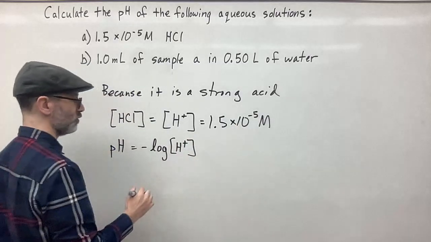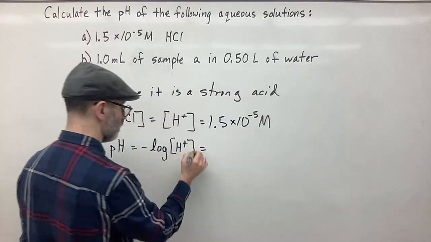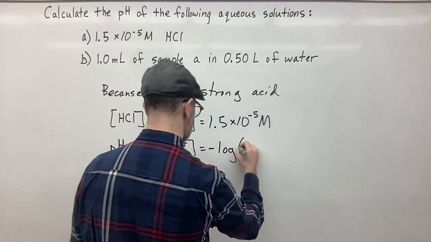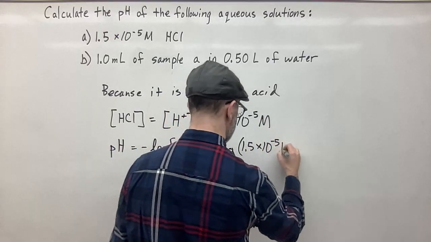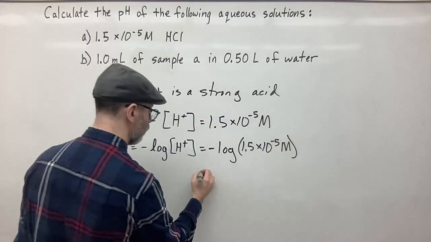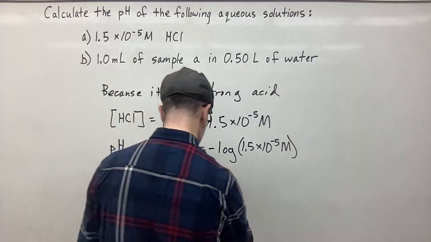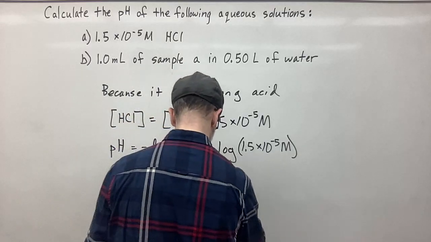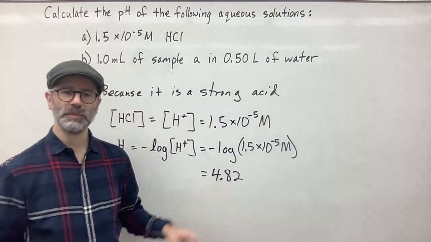Since we know the H plus concentration is 1.5 times 10 to the negative 5, we can plug that in, and that's negative log of 1.5 times 10 to the negative 5 molar. And when we take that calculation, we get 4.82 for the pH. So the pH is 4.82. Okay, so that's part A.